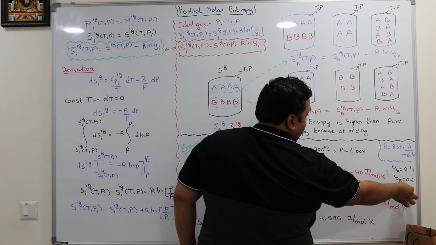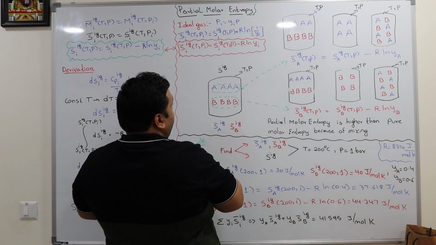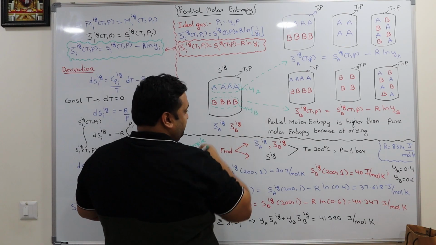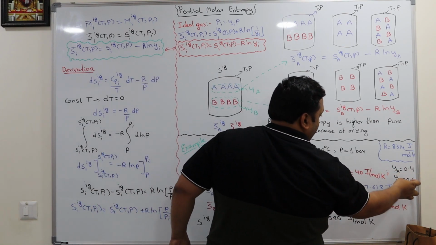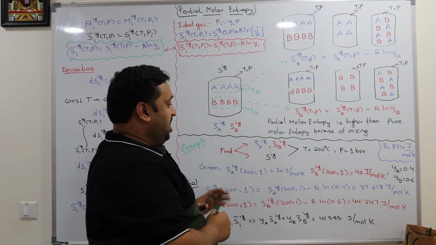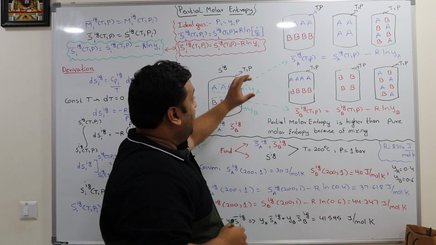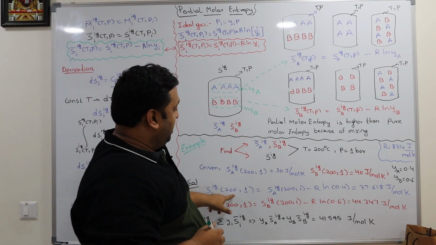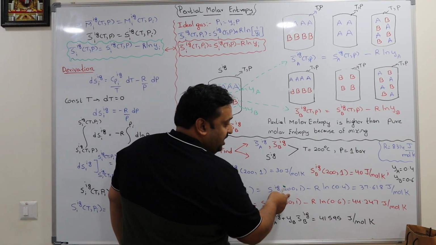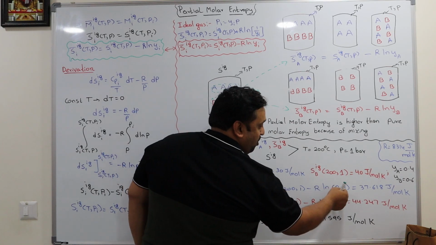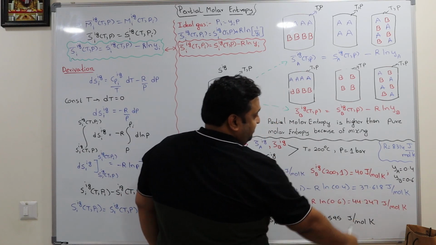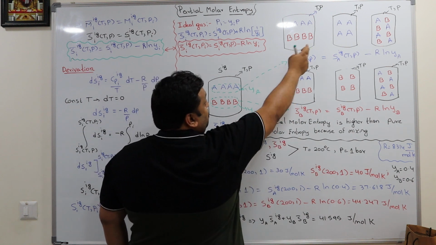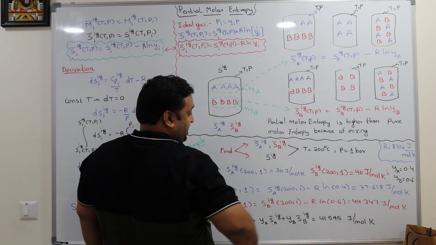The mole fractions of A and B are given. Ya is equal to 0.4, Yb equal to 0.6. Now everything is given. Apply the formula. The partial entropy of A at 200 degrees centigrade and 1 bar is the pure entropy of A minus R ln 0.4, which is 37.618. The pure entropy value is 30.